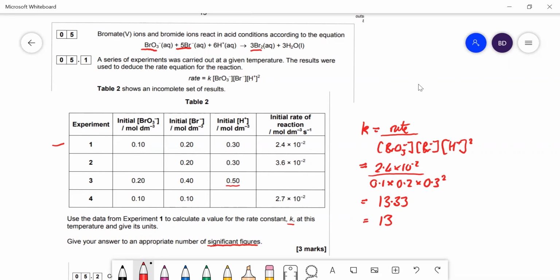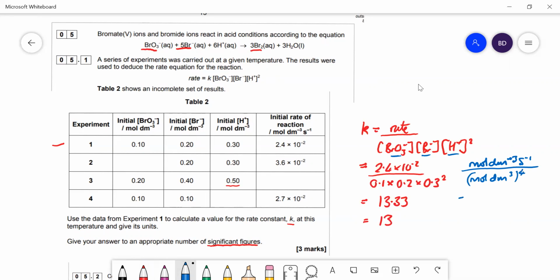The units: on the top line, the units of rate are always mole per decimetre cubed per second. Then we've got 4 terms of concentration on the bottom, because it's bromate to the power 1, bromide to the power 1, hydrogen squared. So that's mole per decimetre cubed to the 4.